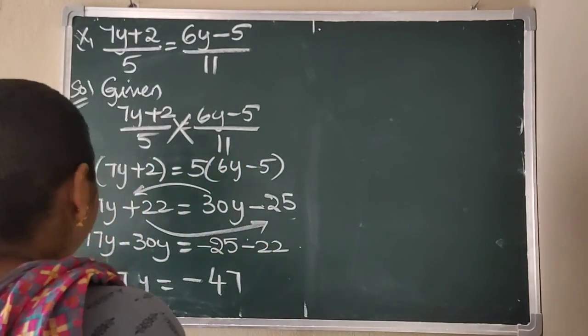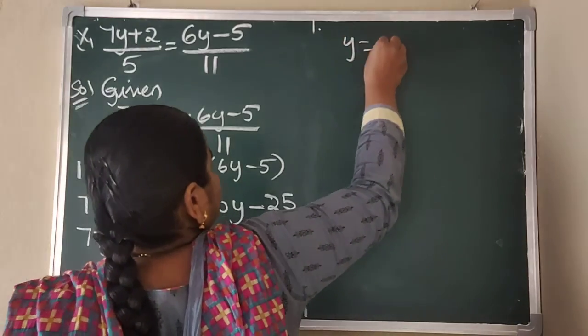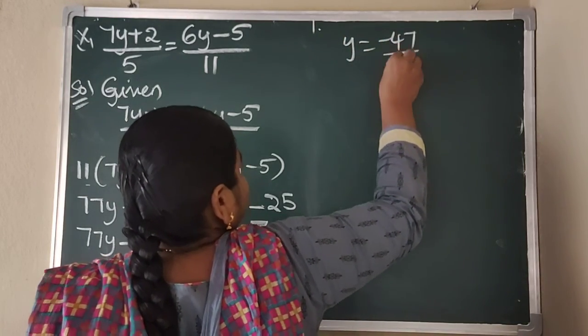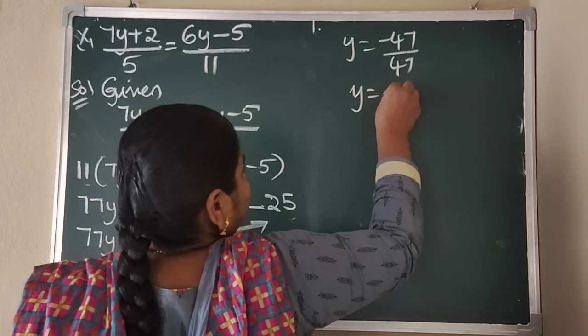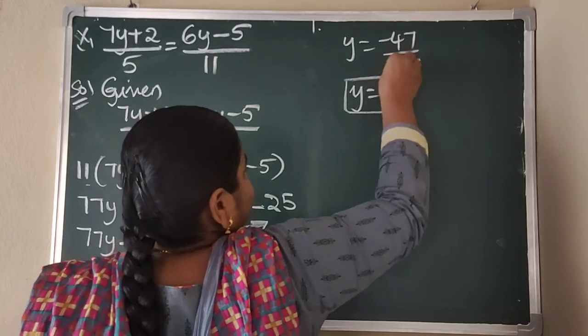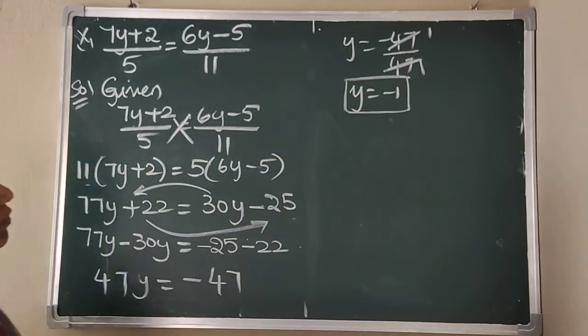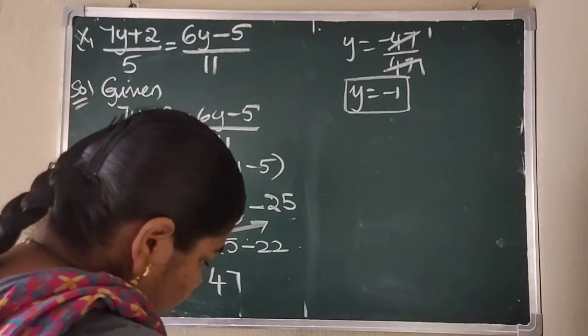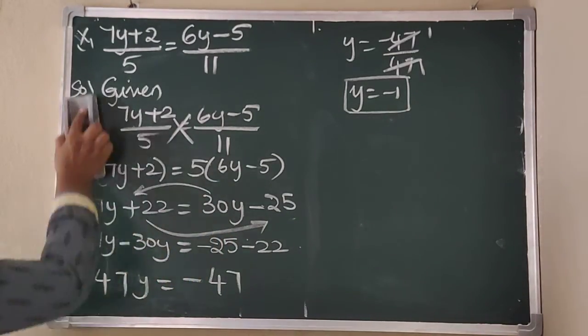If you transpose the terms, y is equal to minus 47 by 47. So y value will be equal to minus 1. 47 1 times, 47 1 times. So y value is minus 1. So this is our 10th one. Next, 11th one.